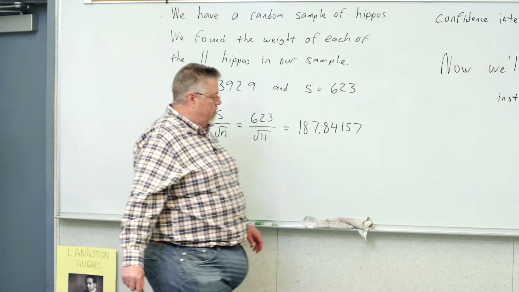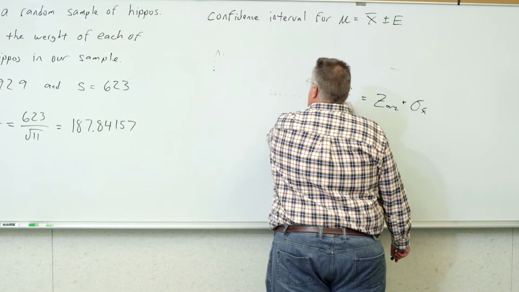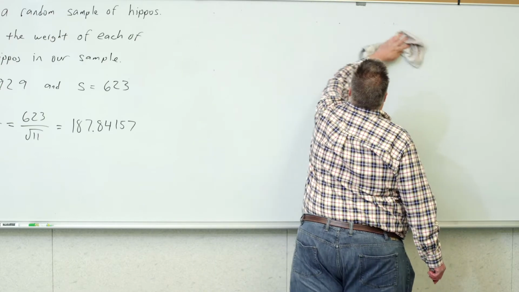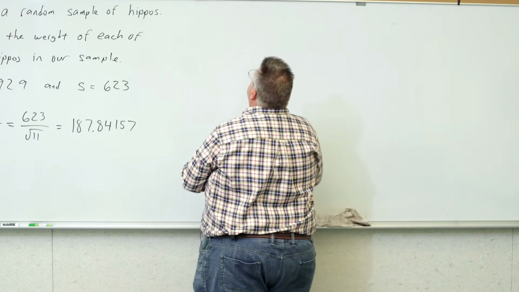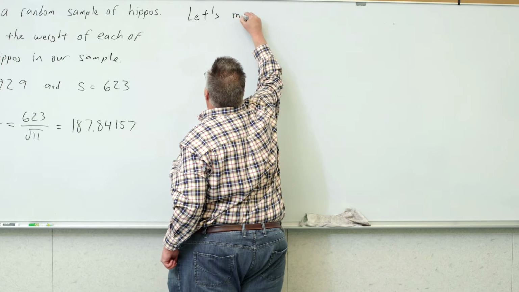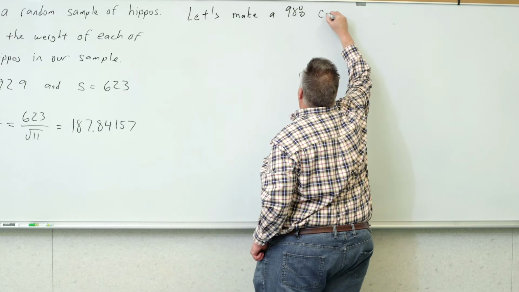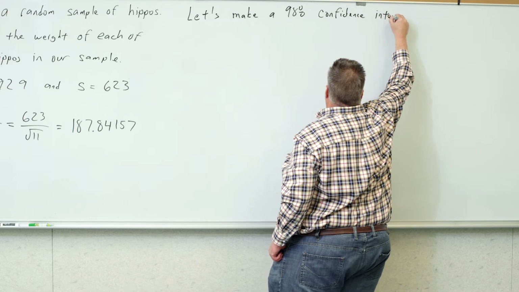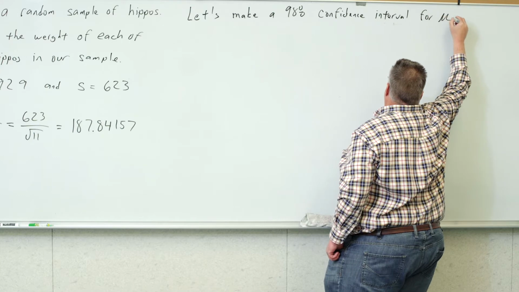Now, what's E going to be? I just erased it. Okay. So let's make a 98% confidence interval for mu.